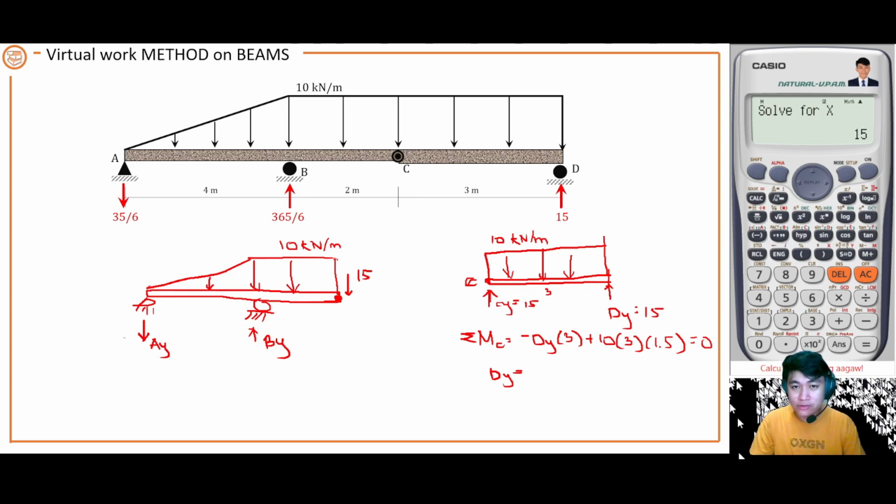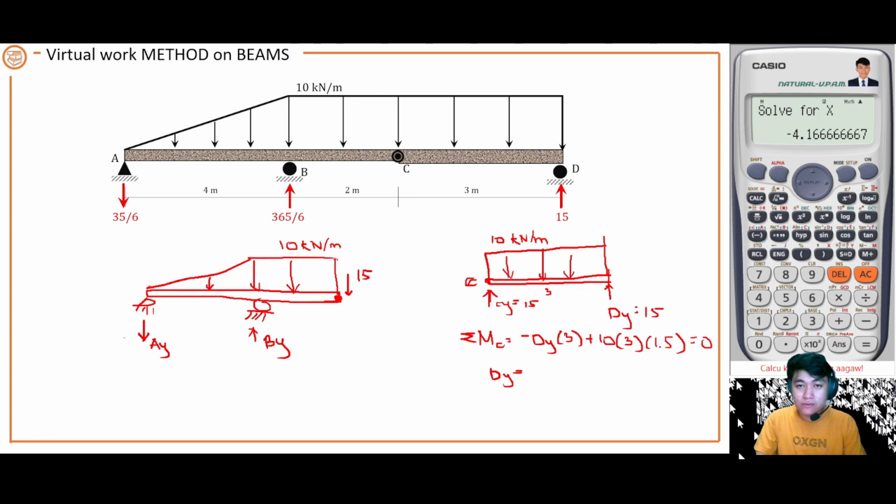Shift solve, the value of Ay is, oops, that is negative. Now, let me check. Times 4, triangle 10 times 4, 1/3 of 4. Oops, the uniform load should be plus 10 times 2 times 1.